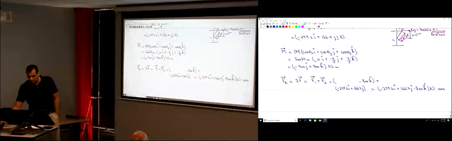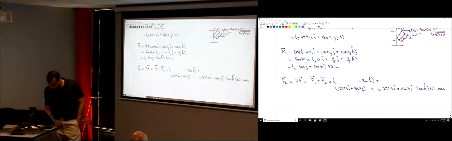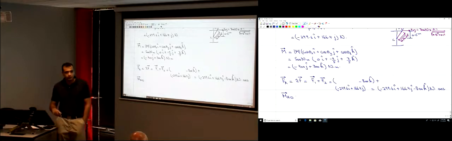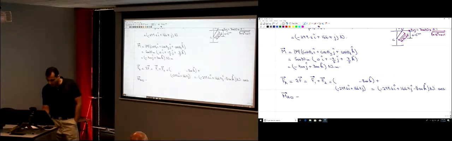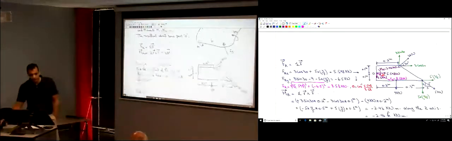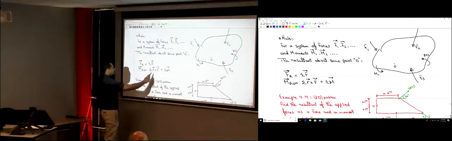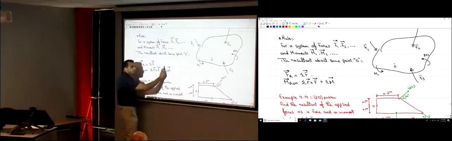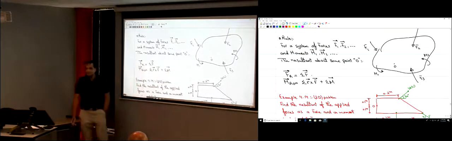Now, I would like to find the resultant moment about point O. How much is the resultant moment? What's the rule? If I use Cartesian vector notation, it's the moment of each force plus any moment couple that exists.